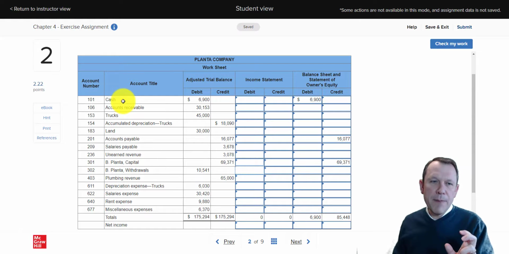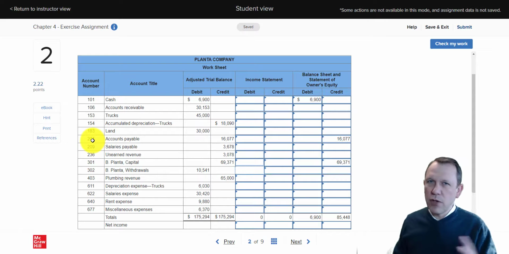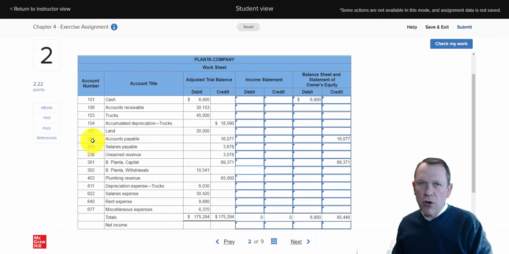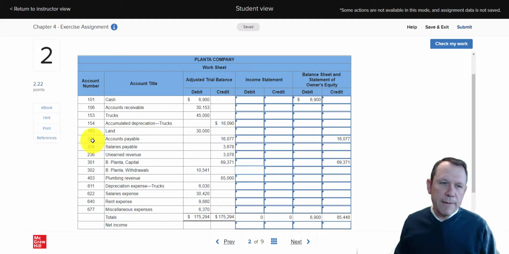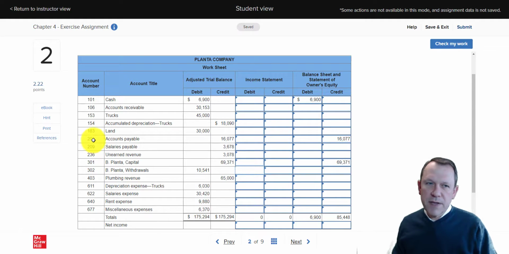Sometimes the titles may be a little confusing, like for example the payables here. A lot of times accountants will just go by account number, and that way we don't get confused if somebody spelled something wrong, or we might be talking about a specific payable. So a lot of times account numbers help us know exactly which account we're talking about.